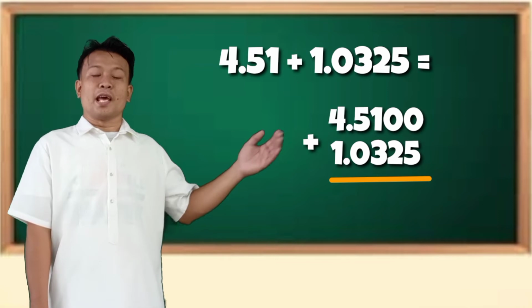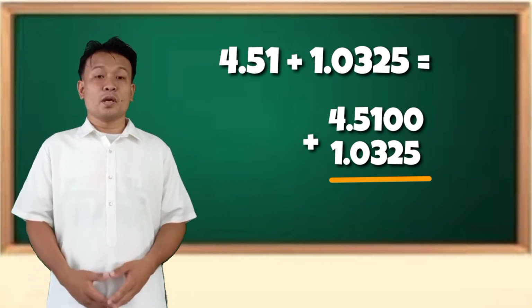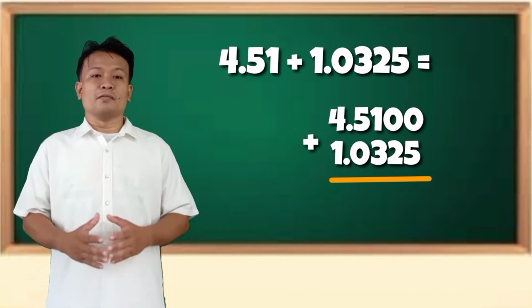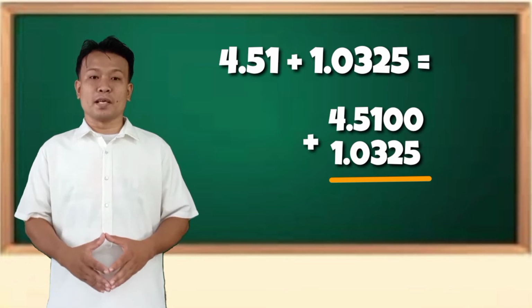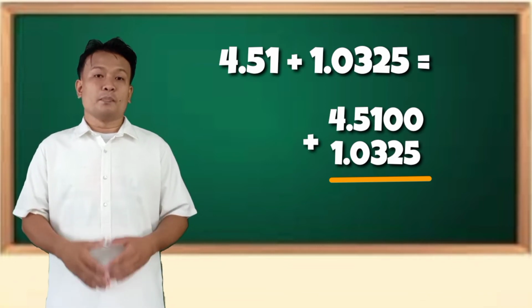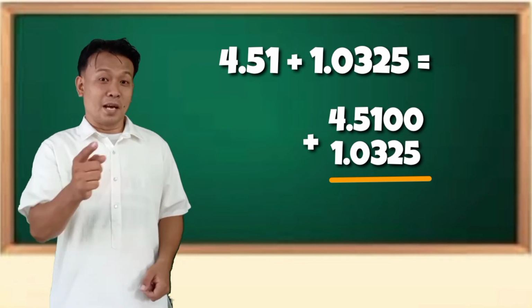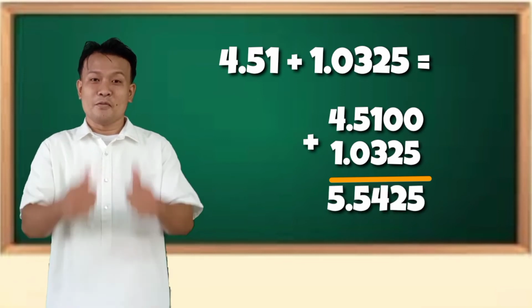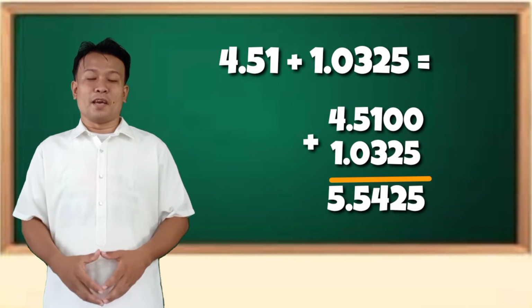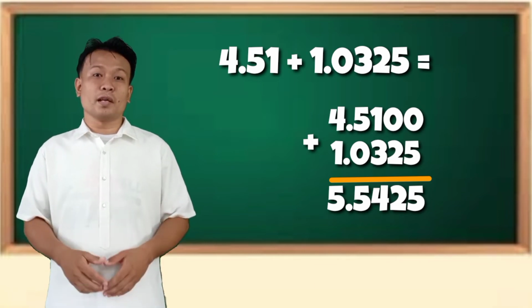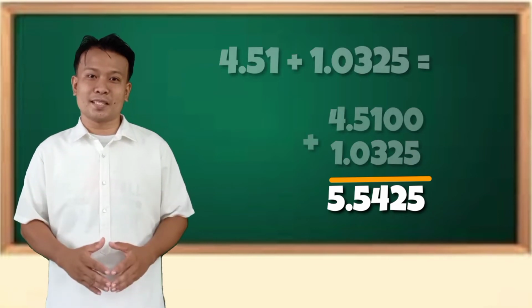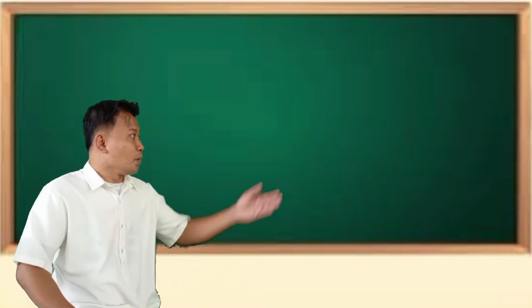Write zeros in empty decimal place values so that numbers have the same length or decimal places. Then, perform the addition process. The sum is, very good, 5 and 5,425 ten thousandths.